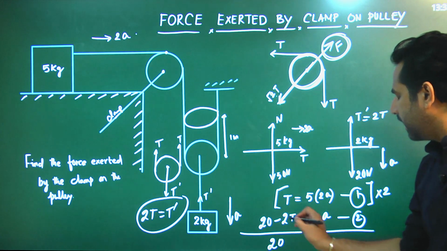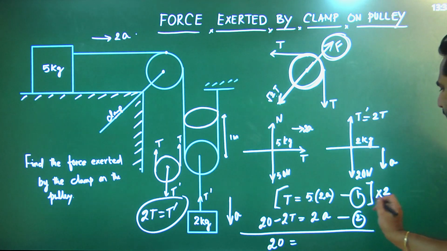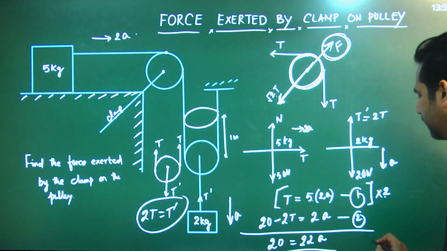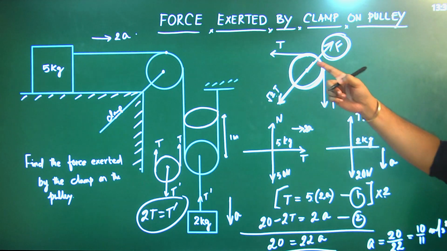When you add the two equations, I'm left with 20 on the LHS, equal to 20a plus 2a, that is 22a. So the acceleration a is 20 by 22, that is 10 by 11 meters per second squared, the acceleration of the 2 kg block. 20 by 11 meters per second squared is the acceleration of the 5 kg block.